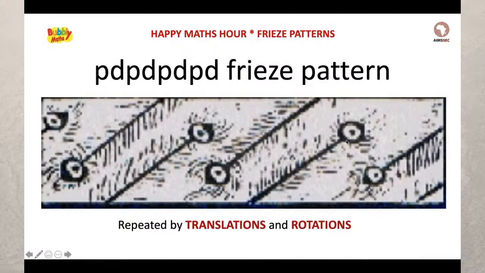Yes, there is a translation and a rotation, but it's not a glide reflection because there's no reflection. No, I was calling it a glide rotation. I was just being creative, Toni.